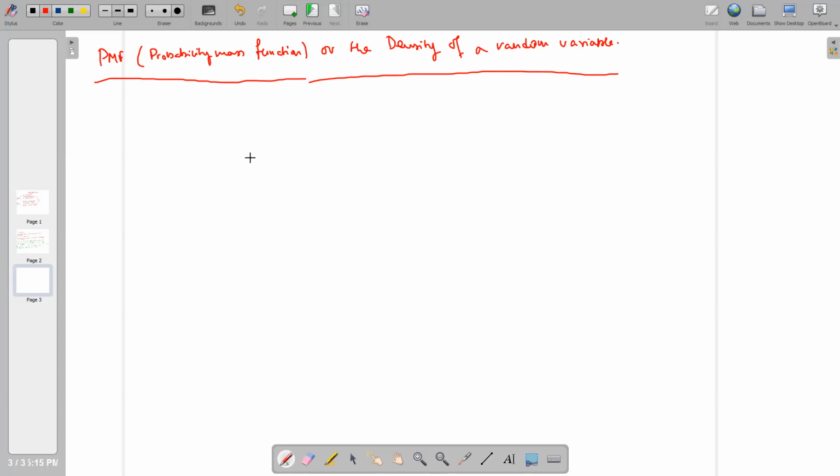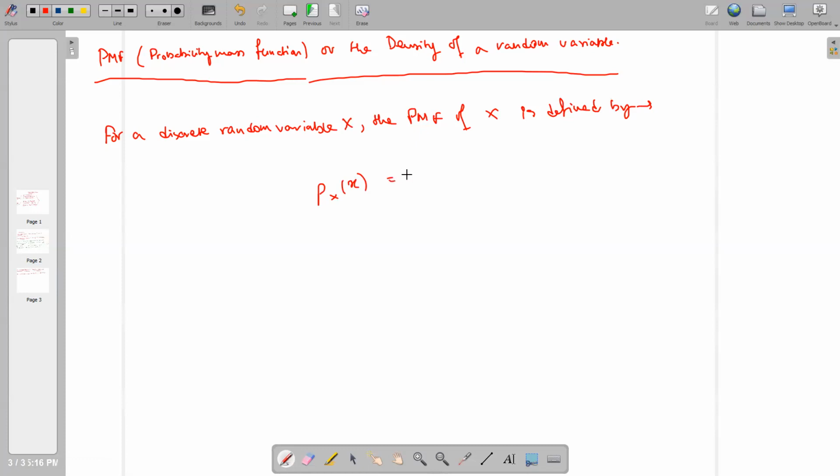So for a discrete random variable X, the PMF of X is defined by this.